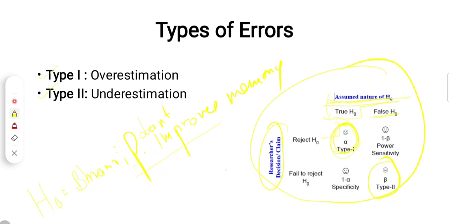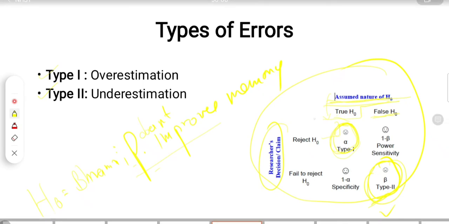Research is false means Bhramri pranayama does not improve memory, but the researcher by any means says no, it's improving memory. So it's going opposite, he's underestimating the research. That's called type 2 error. When the research is wrong but by any means the researcher accepts it or fails to reject, that's called type 2.